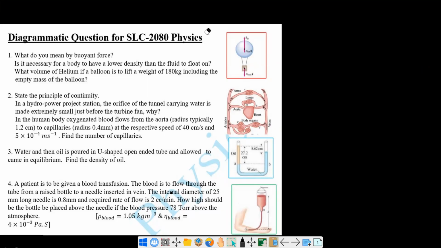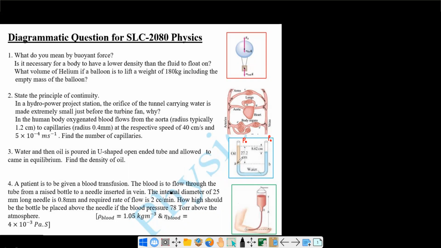Exactly the same principle is going to be utilized to solve this particular problem. You can see the location of A and the location of B are at the same horizontal level. That means the pressure at A and the pressure at B are going to be equal. These are the open-ended sides, in contact with atmospheric pressure, so we have to take into consideration the atmospheric pressure P naught as well.